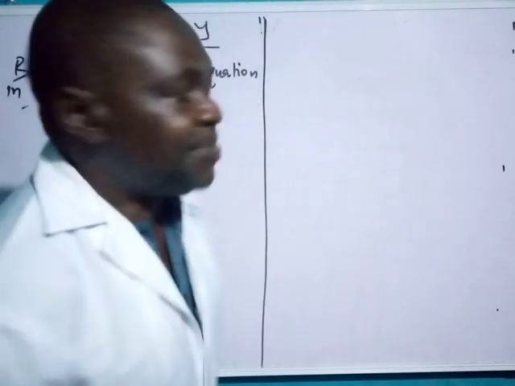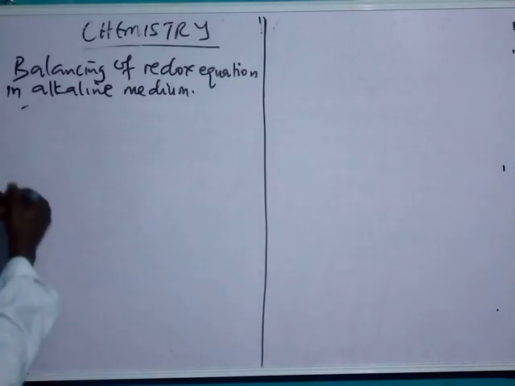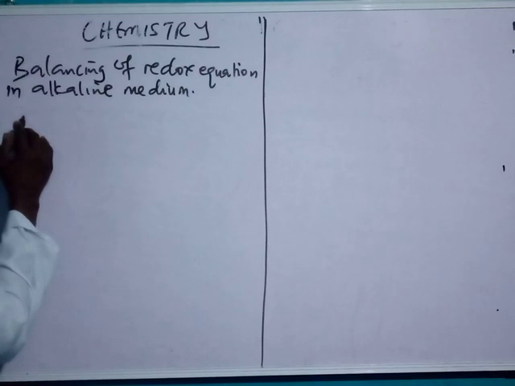Please, let's get started. As you can see, this is balancing of redox equation in alkaline medium. Let us use a typical example, a dichromate ion.